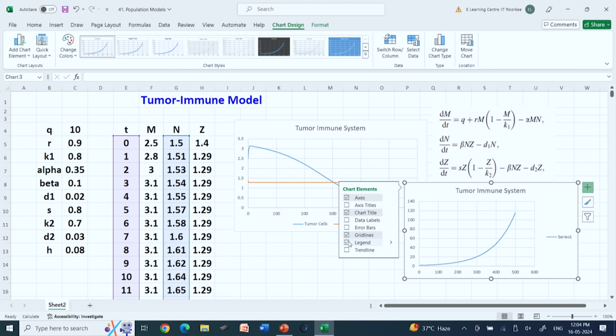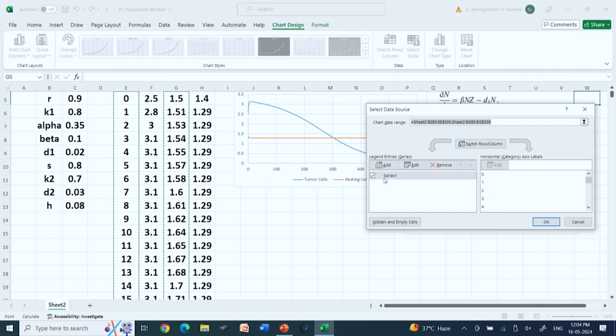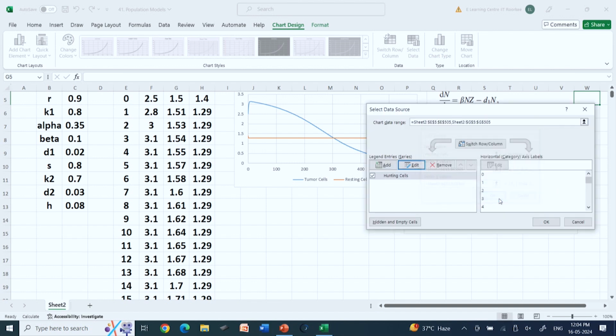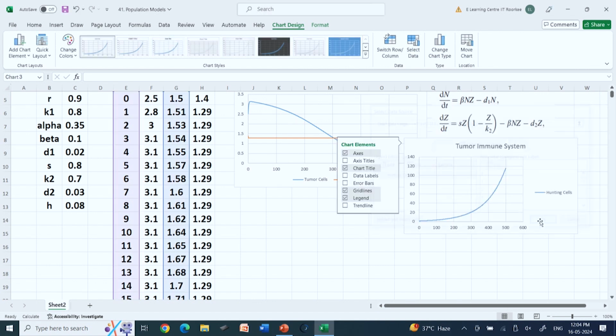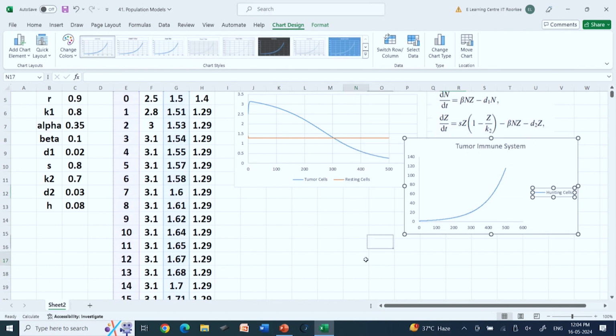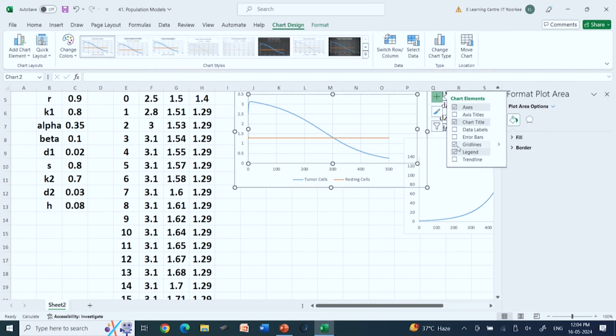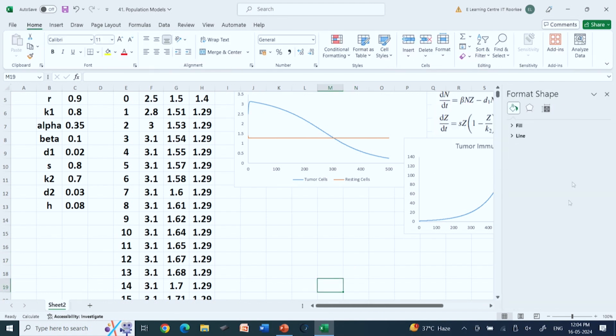Say I need a legend. Go to data, series 1, edit and hunting cells. Okay.